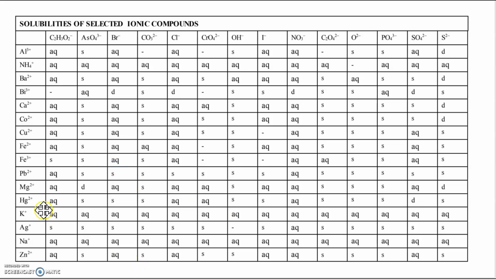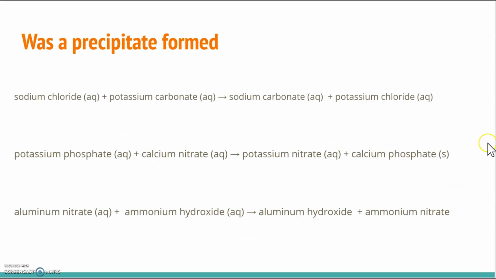So we look up calcium here and phosphate all the way over here, and that's where the two intersect. Calcium phosphate is a solid. So we did make a new compound, and that is calcium phosphate. And we had two solutions that were aqueous, and we produced a solid. A chemical reaction has taken place.